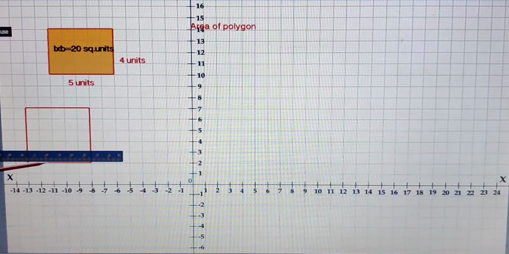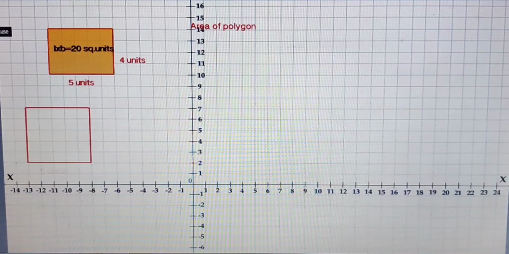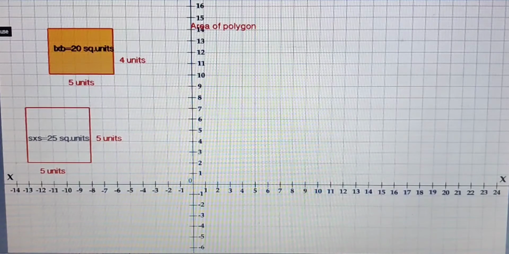The area of a square is side into side. Therefore, the area of this square is 5 into 5, 25 square units. Count the units. Area equals 25 square units.